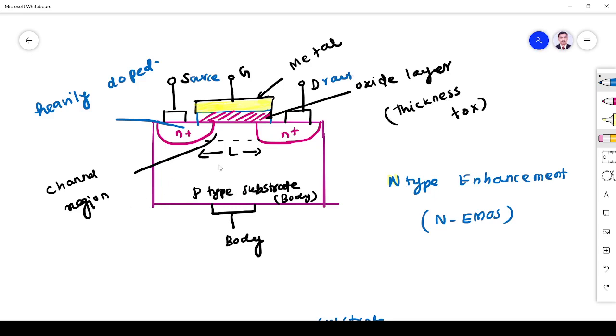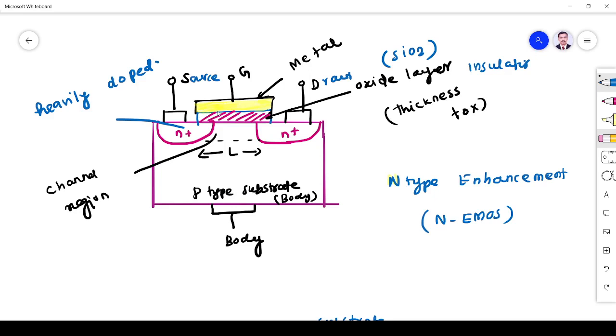So this is another point we have to note. You see next a thin layer of oxide. The oxide layer is nothing but silicon dioxide. So above the substrate we have one silicon dioxide layer which is acting as an insulator, right? It covers the region between the source and drain.